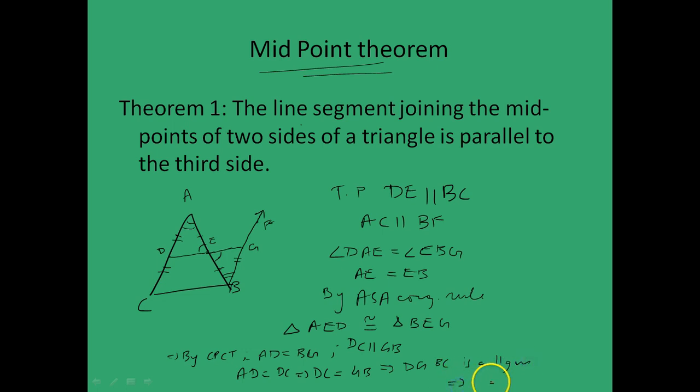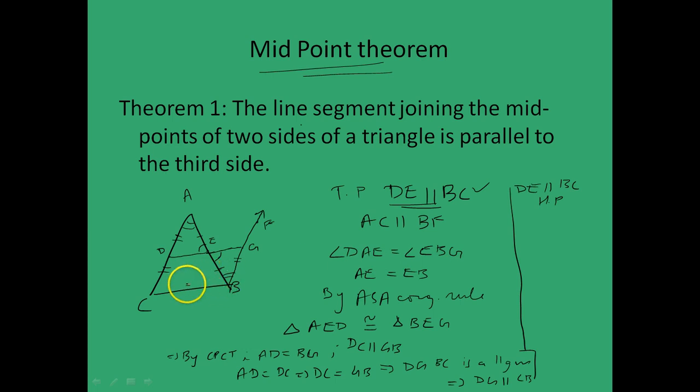This implies DG is parallel to CB, and we'll continue here. So we have DG parallel to CB, and so therefore we have DE parallel to BC. Hence proved. This is what we started off to prove.